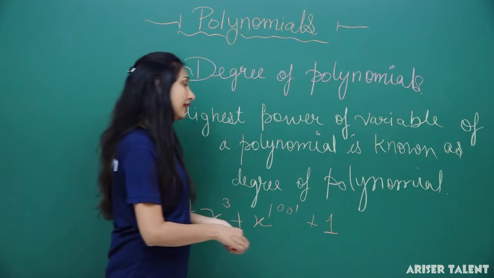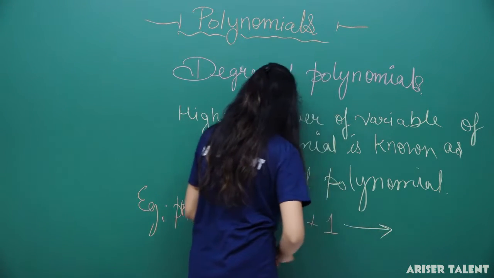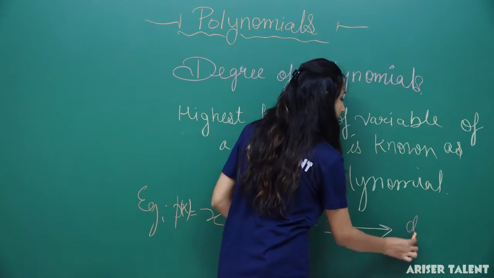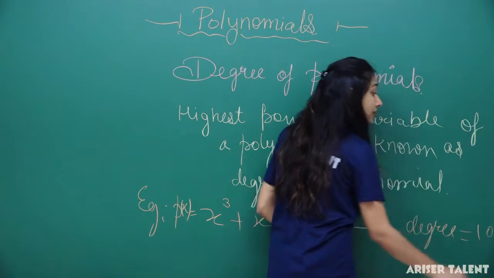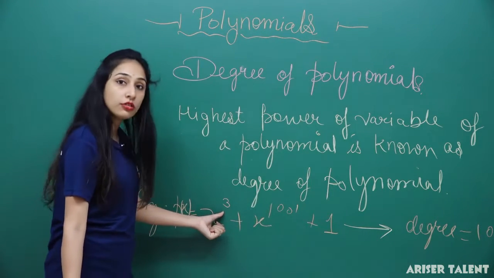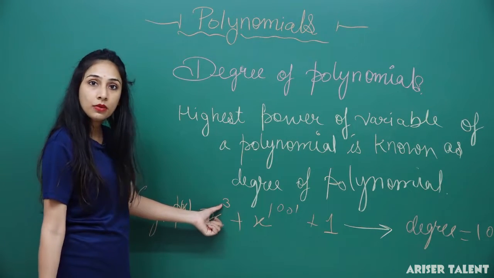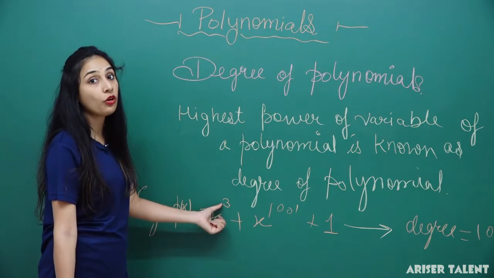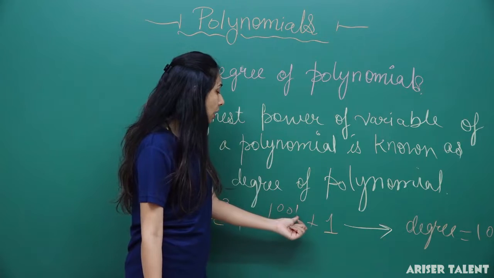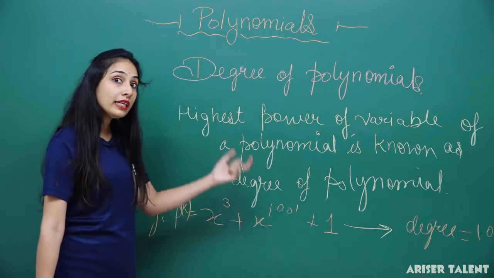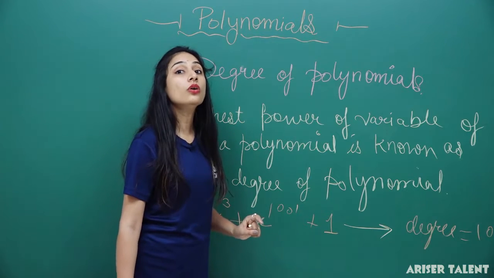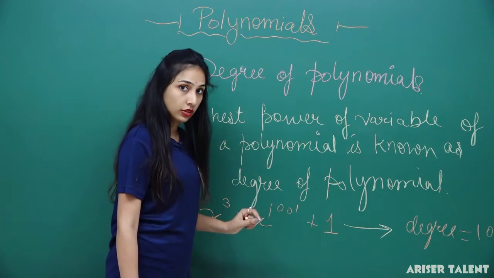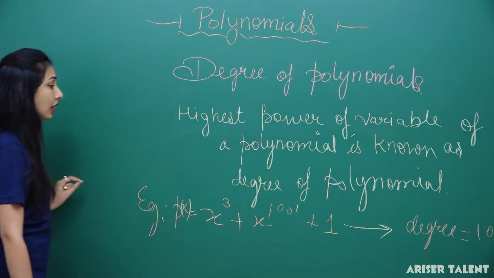So that means its degree is 1001, because we have power 3 also here. But is this maximum? No, this is not maximum, students. What is the maximum power? This is 1001. So the degree of this polynomial will be 1001. Okay, understood it well?